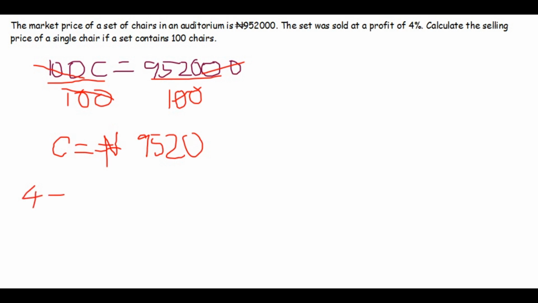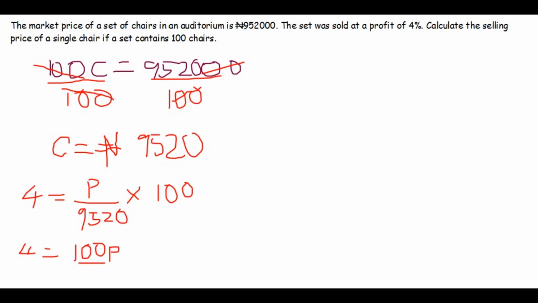4% is equal to the profits divided by the cost price, which is 9,520, times 100. Times P is 100P, so 4% is equal to 100P divided by 9,520.